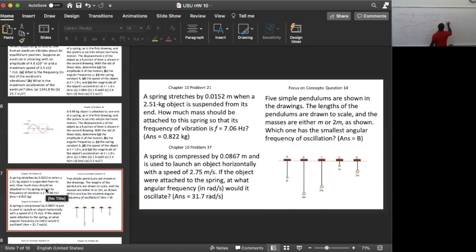What is K? K is 2.51 times 9.8 divided by 0.0152.